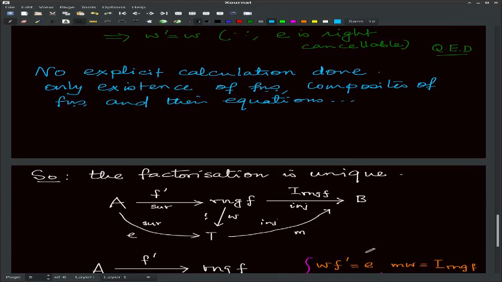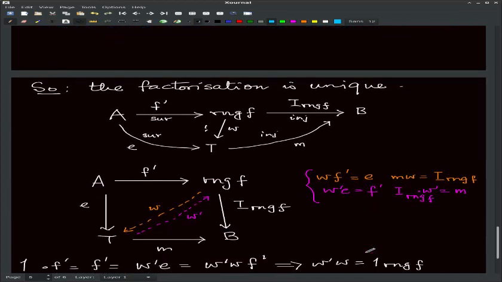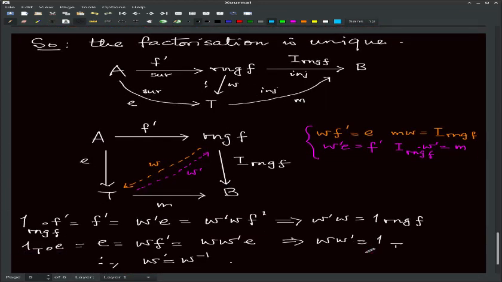Now the next part is, I already had a factorization. This part used the explicit. This was done explicitly. Okay. Now I said, well, is this the only way?